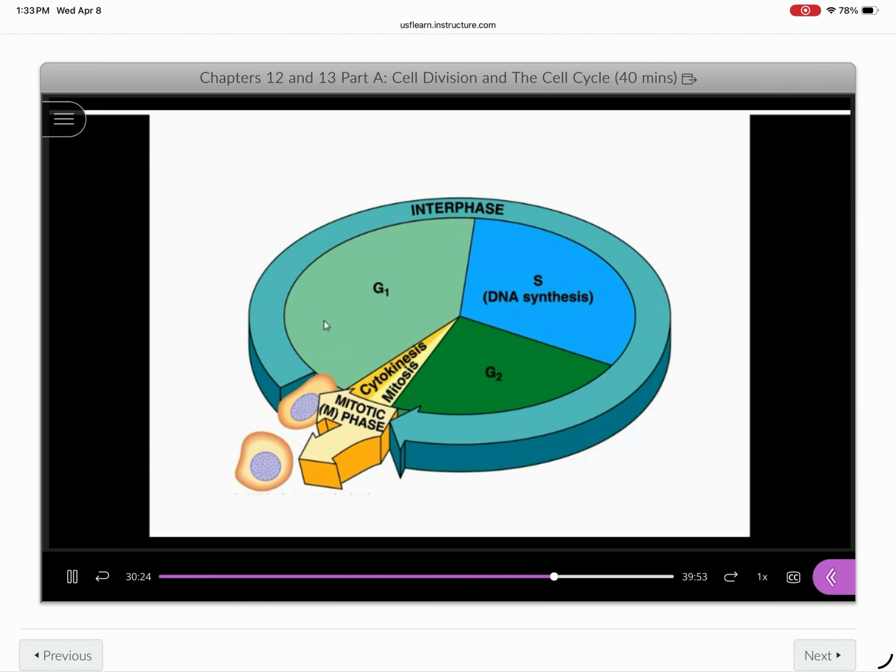Let's start with cell division. We said that the life of a cell kind of begins with cell division. So here it is. The cell is born, right? This is its sibling here. We call them daughter cells. And we hit G1. G1 means growth.